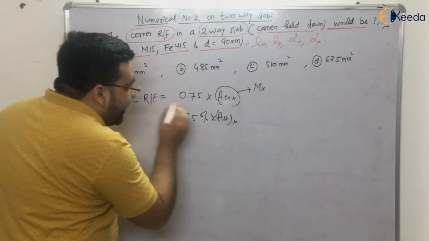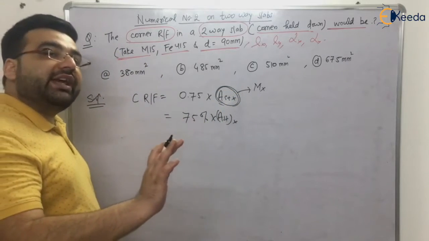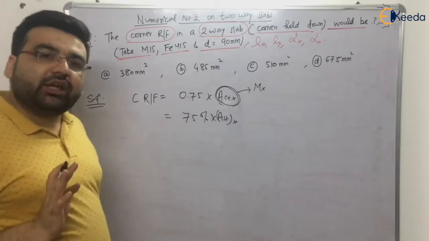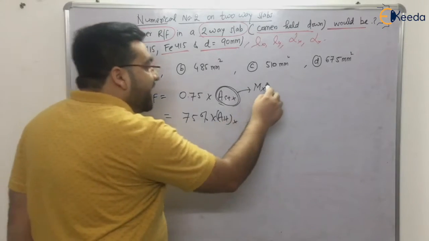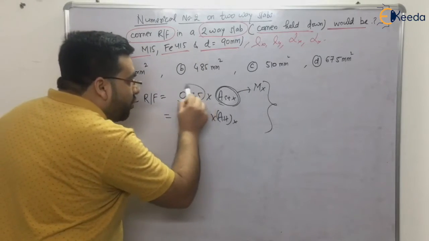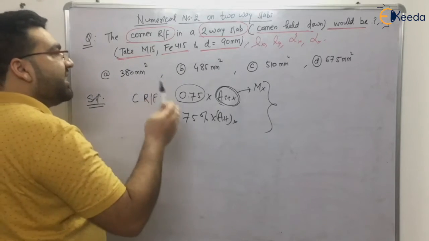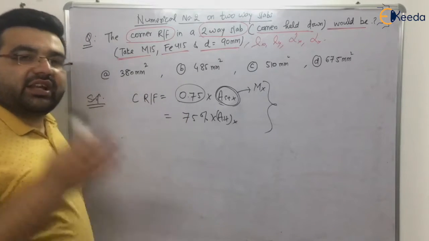Now, this is the corner reinforcement. So if I somehow calculate ASTX, the corner reinforcement will be known to me. The purpose of taking this question is to make you understand how to use the codal provisions. Now, we know that the slabs can be designed as singly reinforced sections.